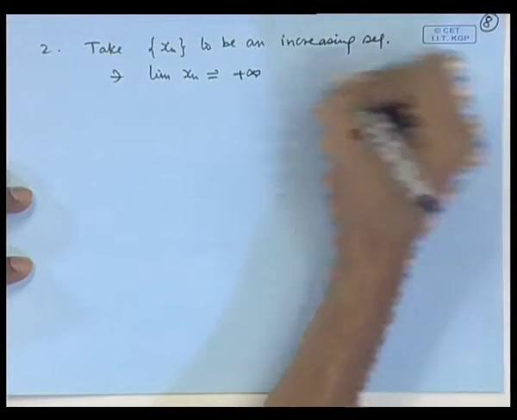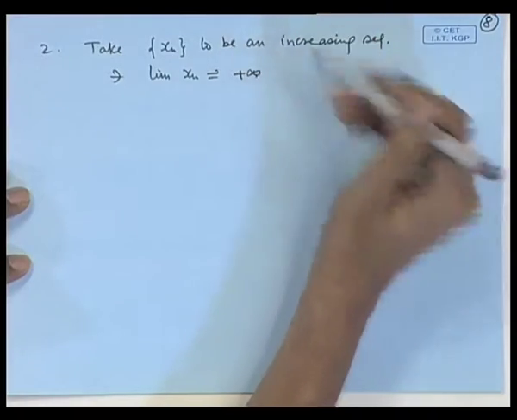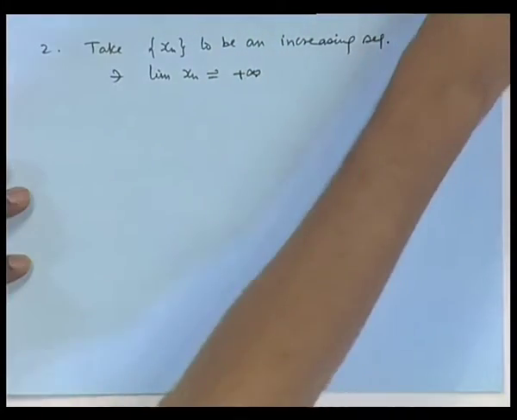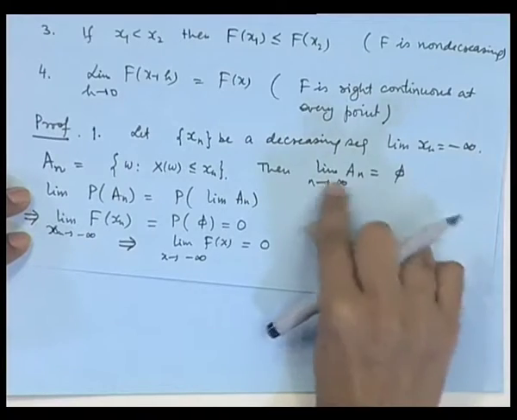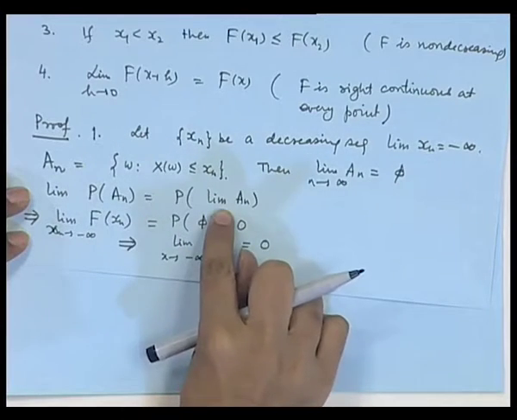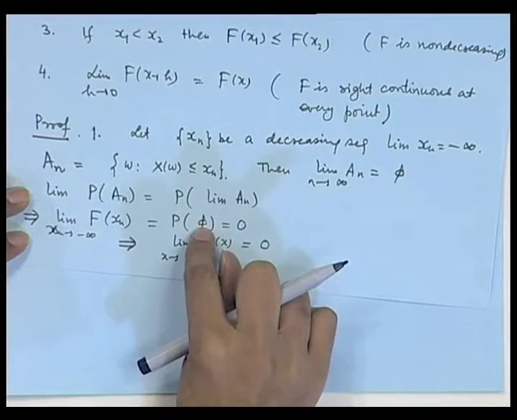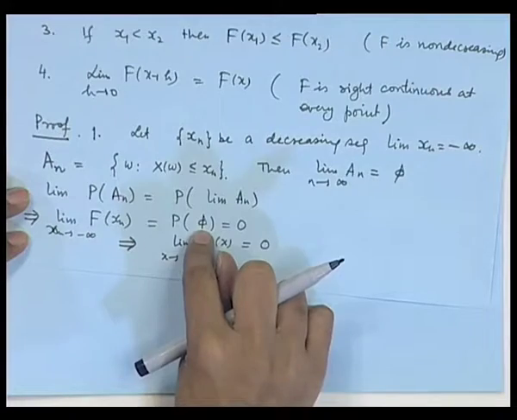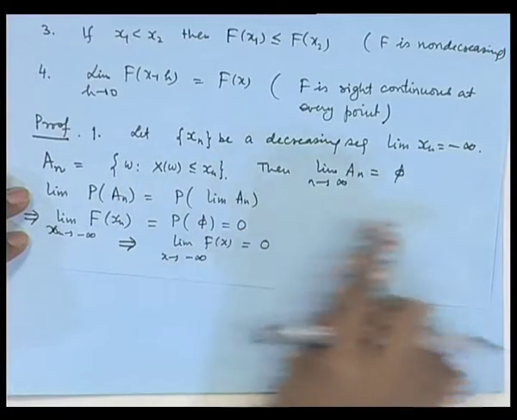If we take this and apply the argument given in the previous one, then here we will have limit of A_n is equal to full space, and therefore, limit of A_n will be omega, and here you will get equal to 1.